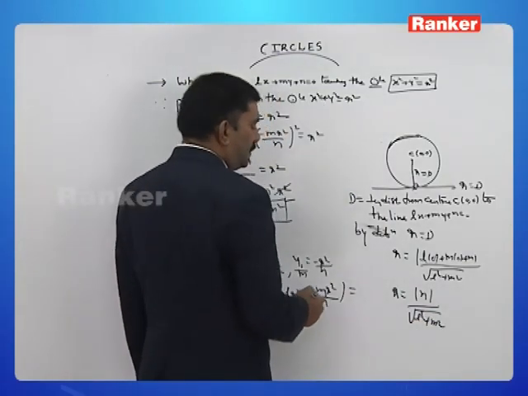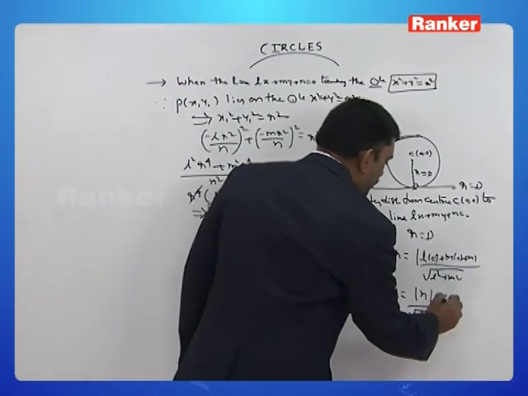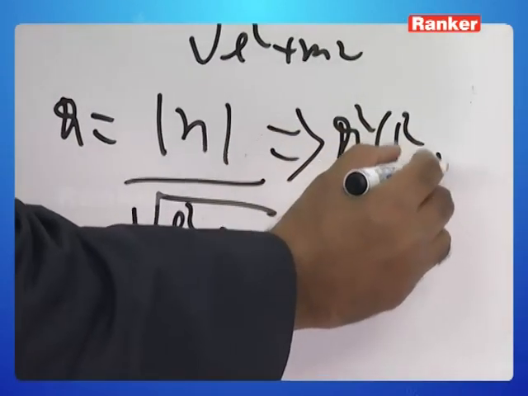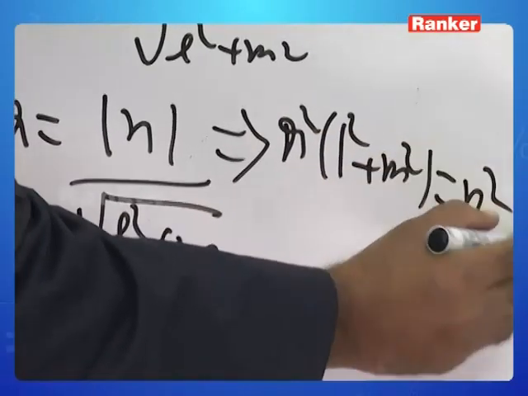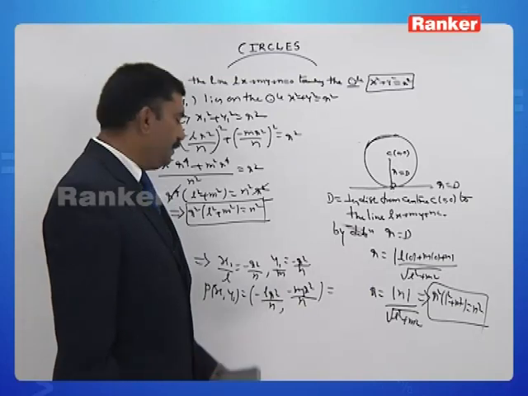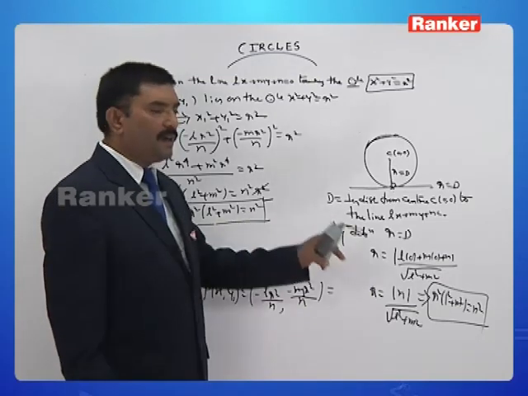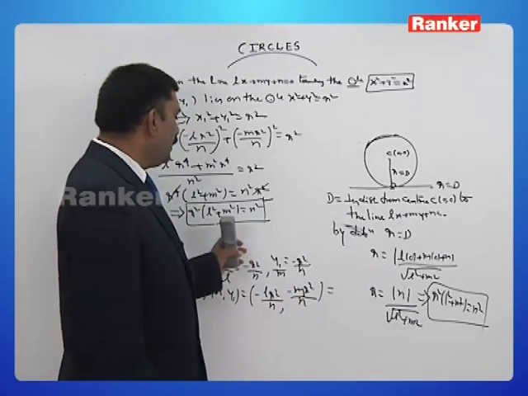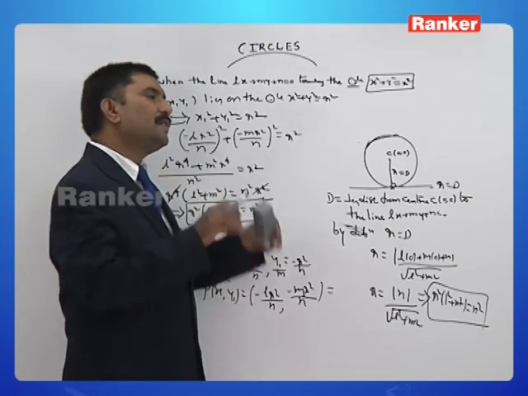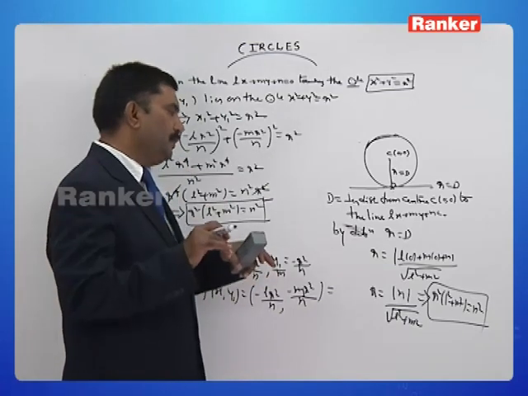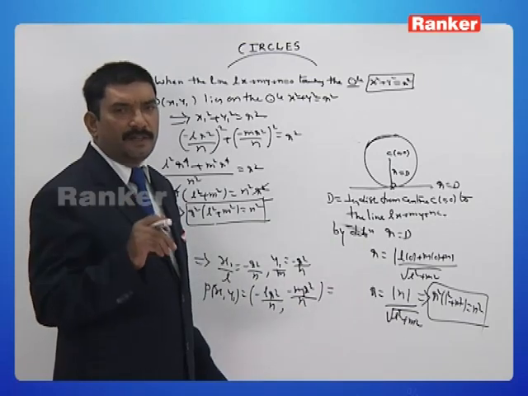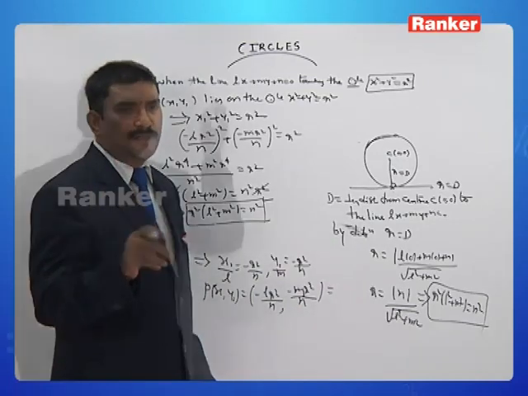Squaring on both sides, I get r²(l² + m²) = n². This is the required condition. The same condition we got here, either by substituting the point (x1, y1) on the circle and the line, or by going by the definition r = d.